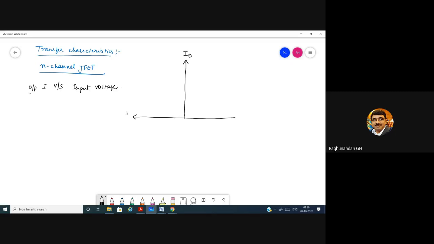Transfer characteristics is a graph of the variation of the output current with respect to the input voltage. So the output current is the drain current ID. What is the input voltage? The voltage which is going to control the flow of current is the input voltage. So the input voltage is VGS. Can you tell me now for n channel JFET whether this VGS will be positive or negative?